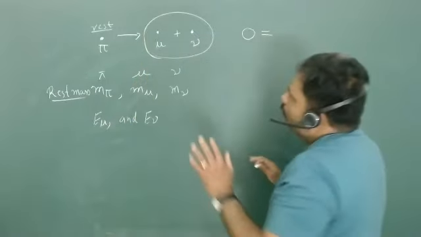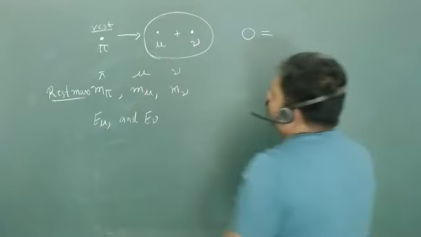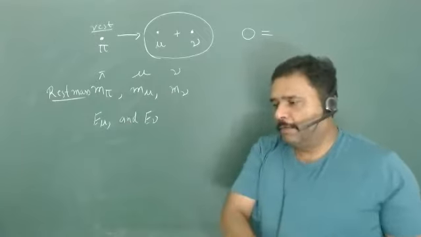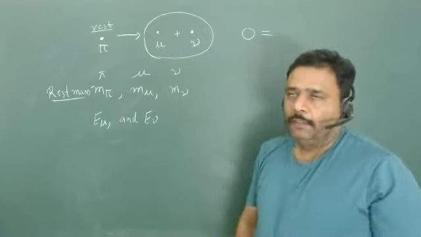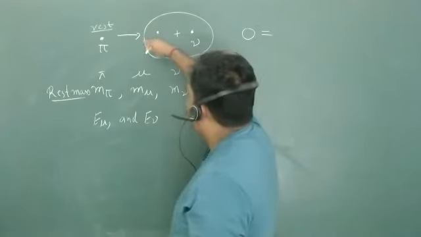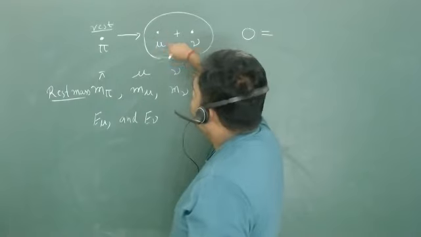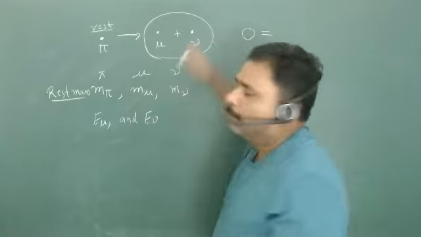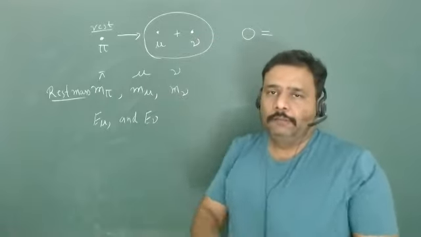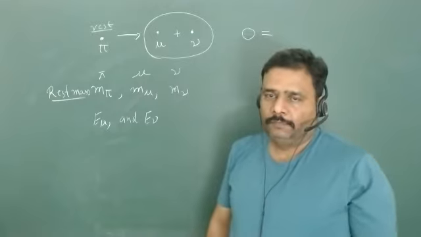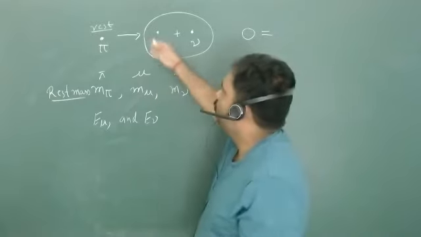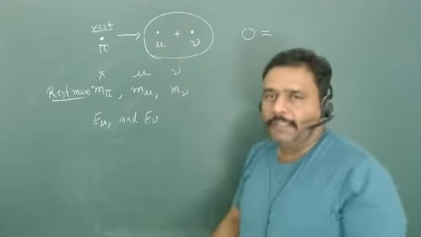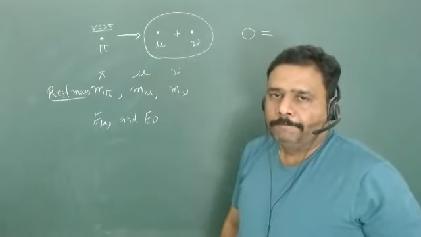So the momentum of the whole system will also be zero, because initial momentum must be equal to final momentum. That means the momentum of muon and the momentum of neutrino should be in opposite directions with the same magnitude. Then only you can claim that the momentum of the whole system after the decay is zero.